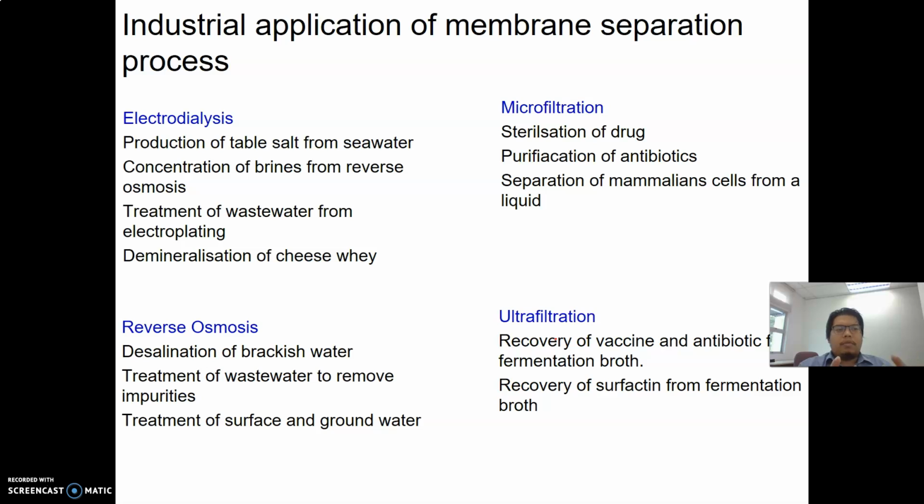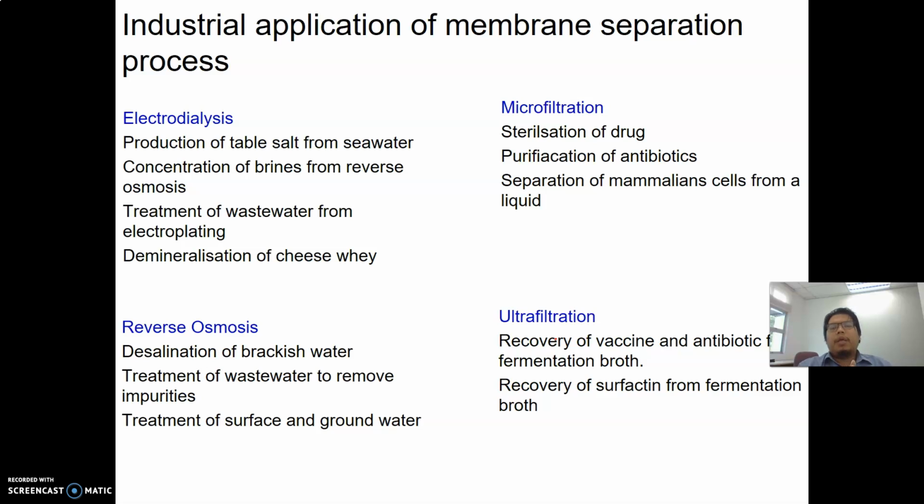The machine filters the blood and separates the harmful things in our blood, so the technology also involves membrane technology. We have microfiltration technology, ultrafiltration technology, and also reverse osmosis technology. Each of these has its own respective industry application.